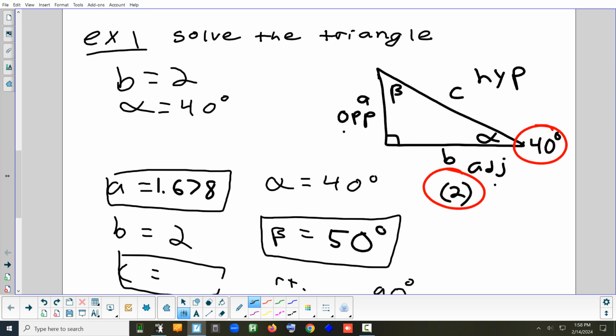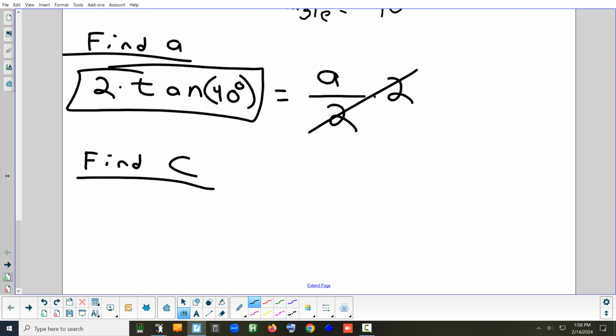So the side that we know is adjacent, and I want to find C. What position is side C? Hypotenuse. I know the adjacent, I want the hypotenuse. What trig function has adjacent and hypotenuse? Cosine. Yep.